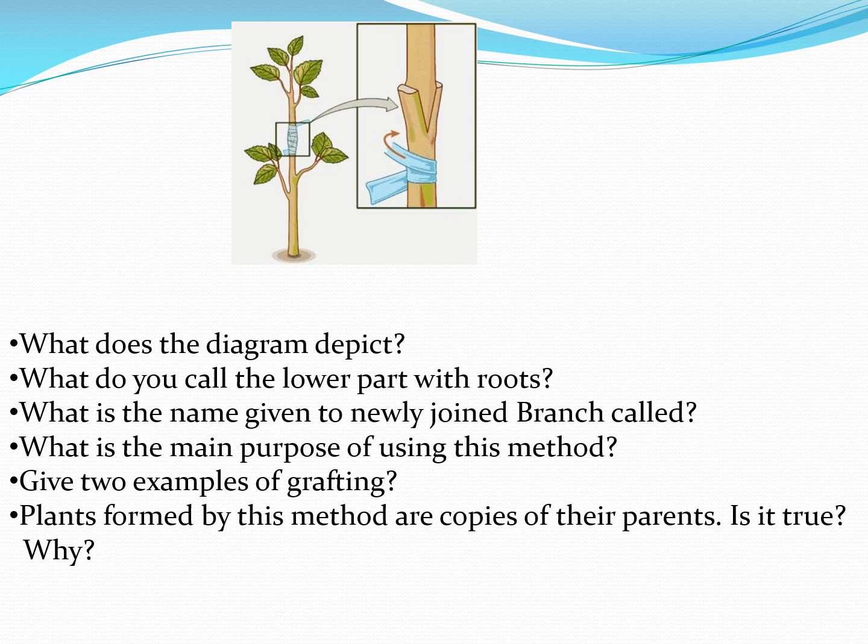Last question. Plants formed by this method are copies of their parents. Is it true? Why? No. It is wrong because the plant grown up has mixed characters of both stock and scion, so they are not the copies of their parents.